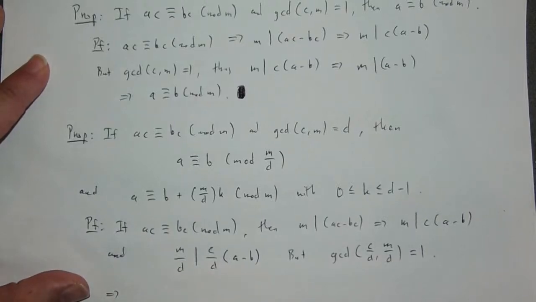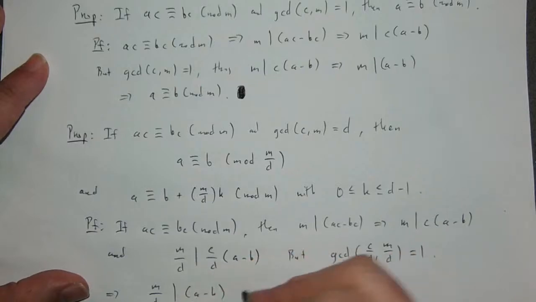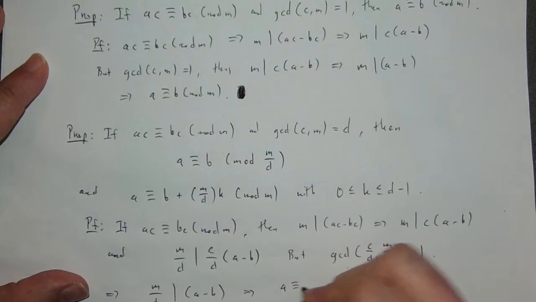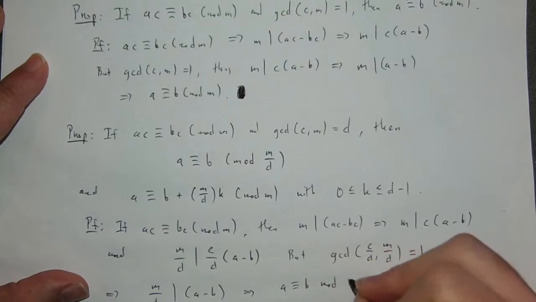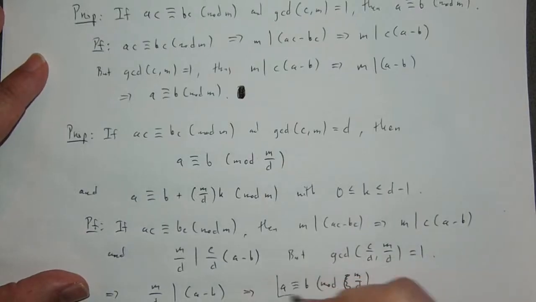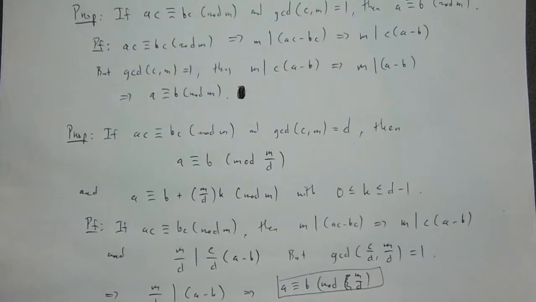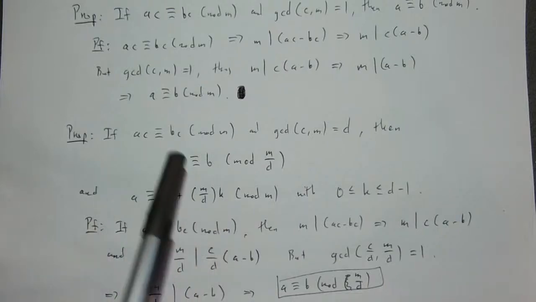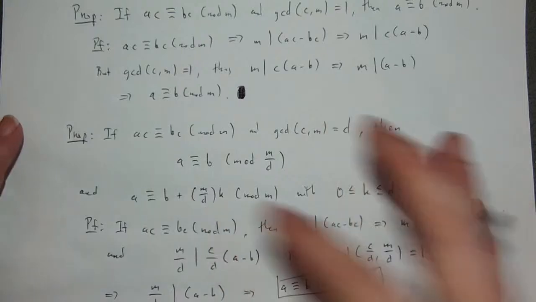So this means that M over D must divide A minus B, and so A is congruent to B mod M over D. I didn't put the parentheses here, but that's fine. The rest is just a statement that you're doing the division algorithm with remainder.